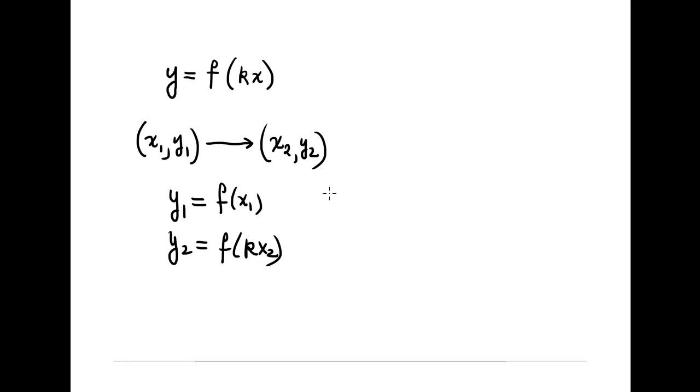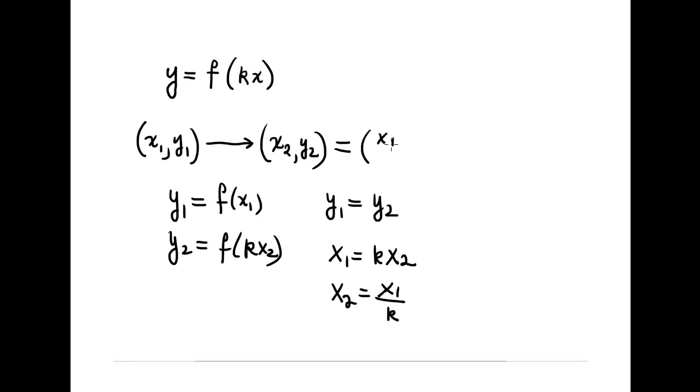In this case, the supposition is that y1 is equal to y2. So the arguments are equal: x1 is equal to k x2. Now, for x2, x2 is equal to x1 divided by k. The relationship between the original and new coordinates is: x2 is x1 divided by k, comma, and y2 is y1.